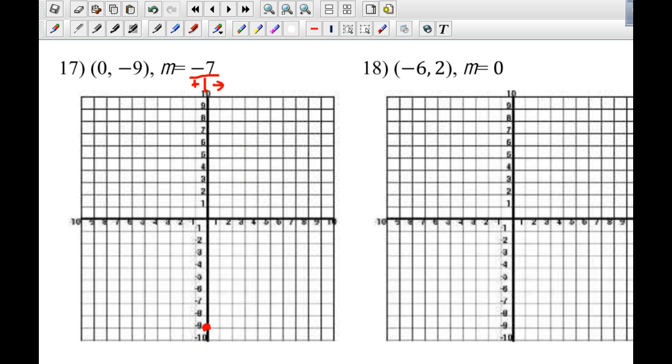Once again, from elementary school, you have to know that if you move the negative to the bottom, it's the same exact number. So 7 over -1 is equivalent to -7 over 1. They both equal -7. So you can go up 7, left 1, and that's the same thing.